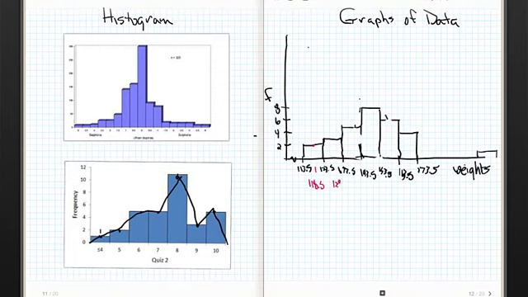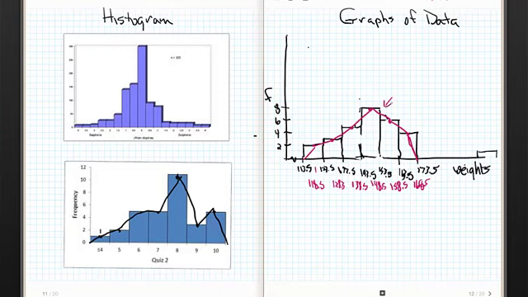This one was 128.5, 138.5, 148.5. Remember, these are just the midpoints of each class, 168.5. And then all I do is I start at the left, put the point in the middle, and I connect the dots, which is quite a challenge when you're trying to do this. That is a frequency polygon.